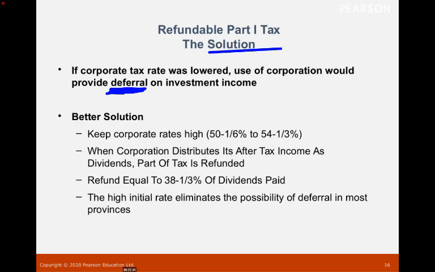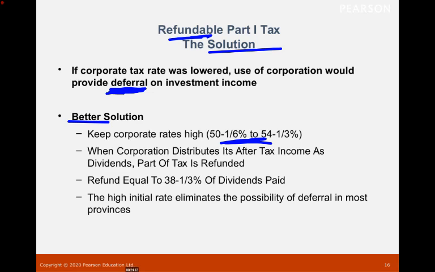So this weird system is a better solution. What we do is we keep the corporate rates real high, what we just discussed. However, we kept saying that word refundable. This is a refundable tax. It's a timing issue. So in other words, when the corporation earns that income, it's going to get taxed at this gross, disgusting high rate, which is going to motivate them to then pay out the dividend to the individual, so the individual pays the tax.